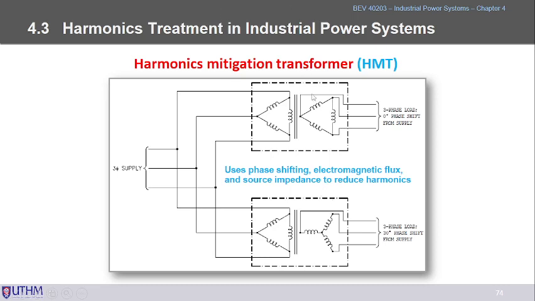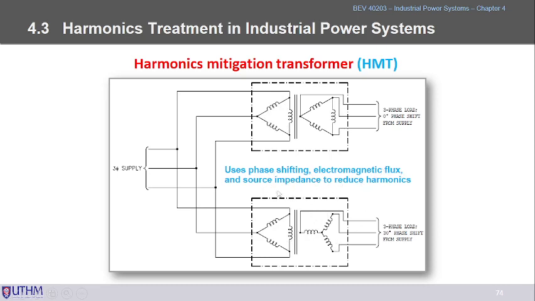Of course, you have to choose a filter, either the tuned filter or the active filter. So this is for smaller power applications that you can use an HMT for. How it mitigates the harmonics is by using phase shift. Here you have the delta connection and the star connection, and they play with these and tune the flux accordingly.